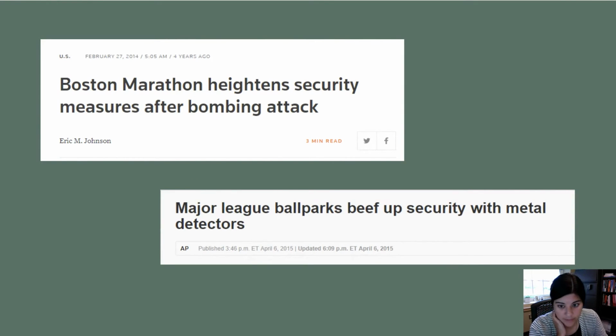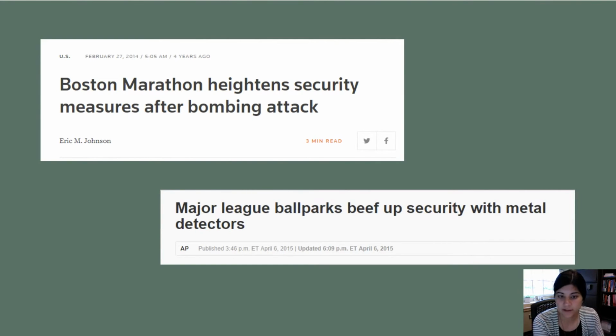Here are a couple of examples of sports leagues utilizing the reduction treatment method. So you might remember a few years back, the Boston Marathon attacks occurred during that marathon. Ever since that particular attack, the following years, the marathon planning team has taken a number of actions to try to reduce that risk, right? Knowing that something like that terrorist action could happen again, they've increased security and taken some measures that hopefully will reduce the likelihood of that happening again.